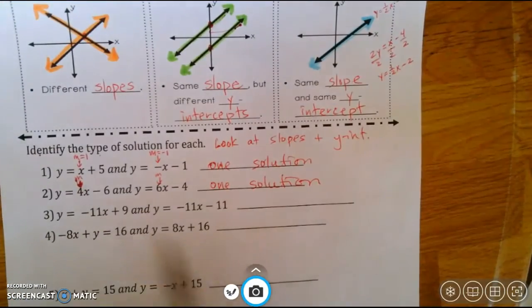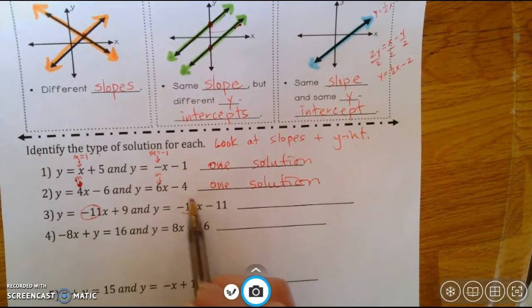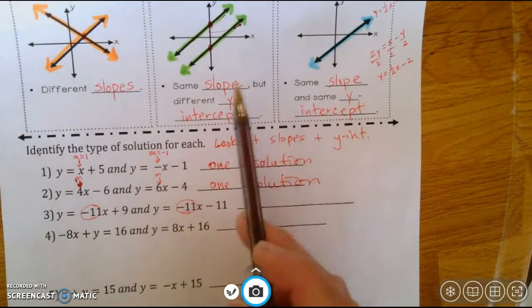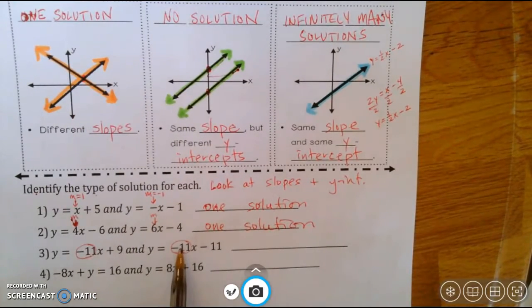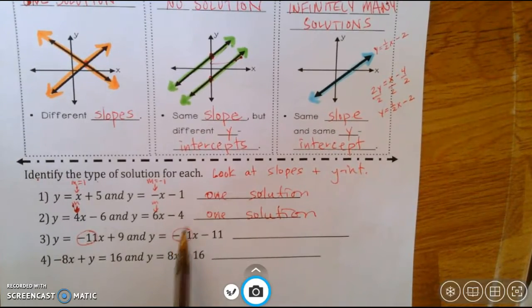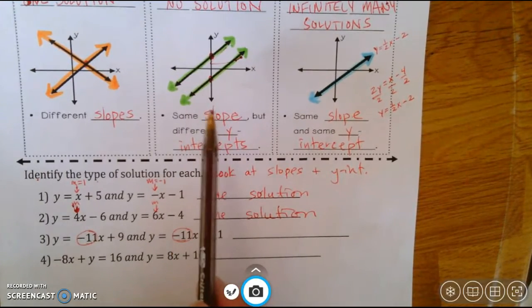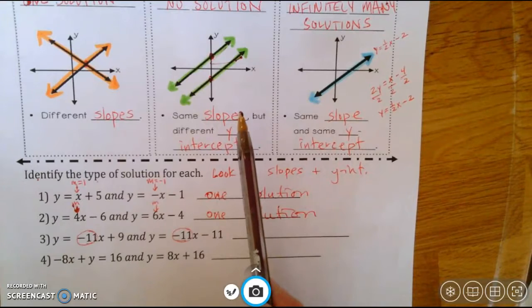All right, number 3. Looking at this one, we have a slope that's negative 11. And in the other equation, we have a slope that's negative 11. So that means we fit into one of these two categories. We know that the lines are the same steepness, the same rise over run. So we might have this scenario, but we also might have this scenario, because both of these scenarios say we have the same slope.